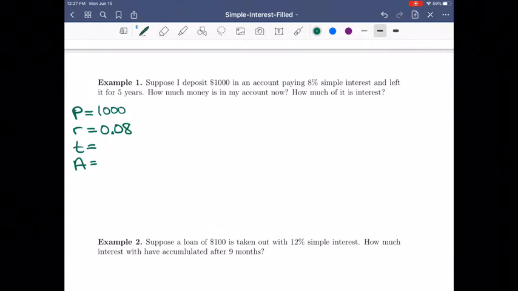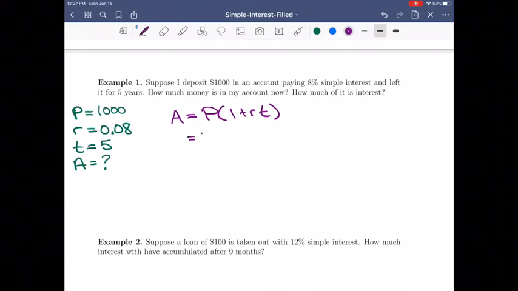It's simple interest, so that tells me which formula to use, which we only have one really so far. I'm leaving it for 5 years, so that means that my T is 5, and I want to know how much money is in my account. So I want my future value, the thing that I don't know here. But I do have a formula to compute A. For simple interest, A is P times 1 plus RT, where T is in years, by the way.